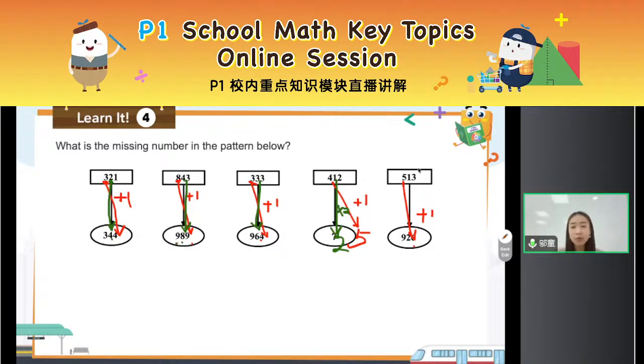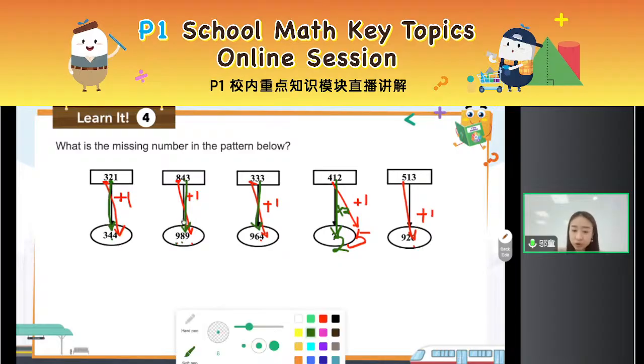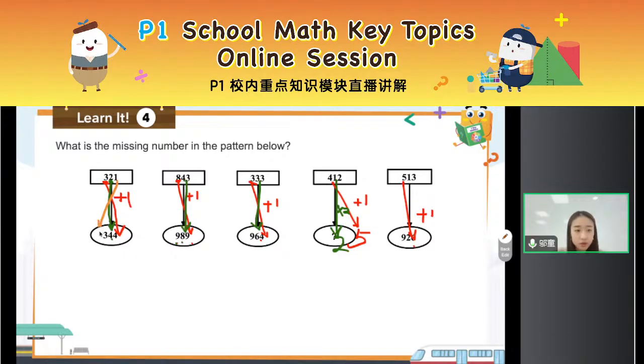Well, now we realize about the last place. The ones place has no choice, right? It has to go for the hundreds. 1 to 3. 3 to 9. 3 to 9. And 2 to how many? Do you realize it? 1 to 3. 3 to 9.